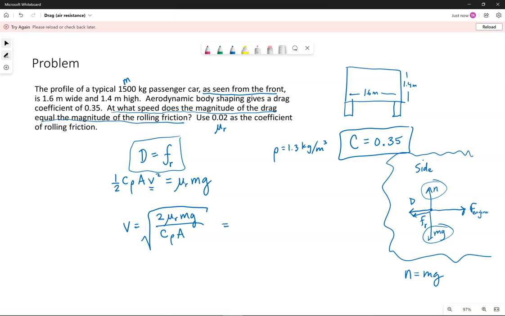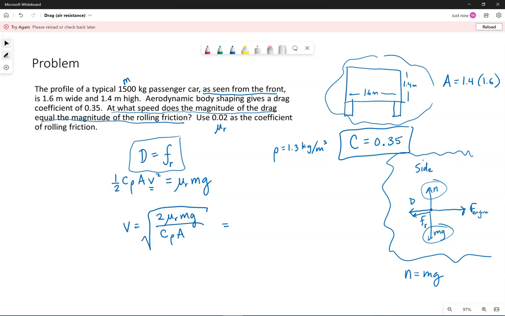And then A is the cross-sectional area we see if the object is moving towards us. That's why they gave us this as seen from the front. The area would be the 1.4 times the 1.6.